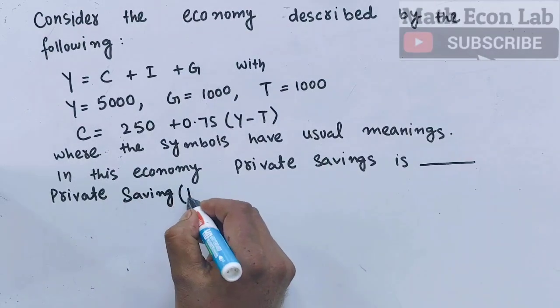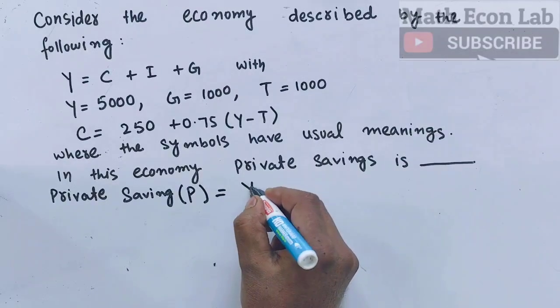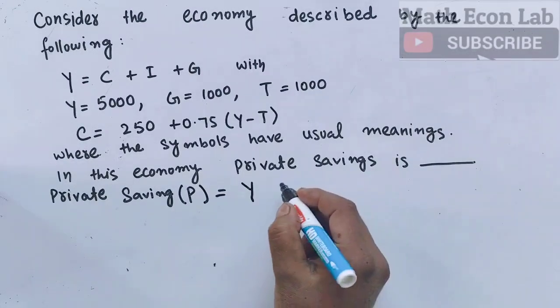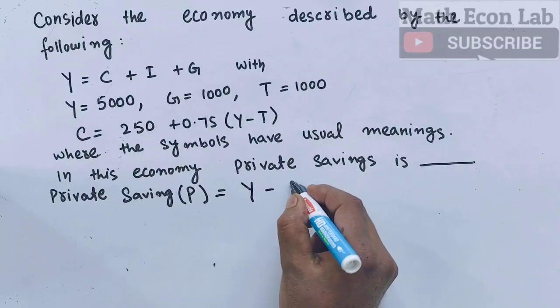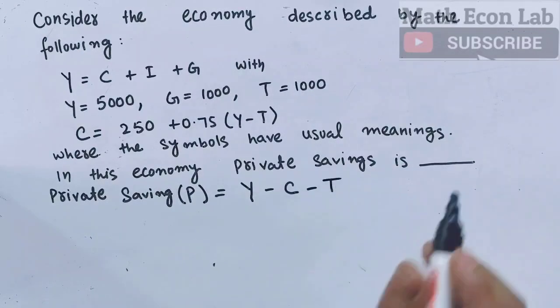that is denoted by P in an economy, is given by P = Y - C - T, our total income minus the consumption expenditure minus the tax revenue.